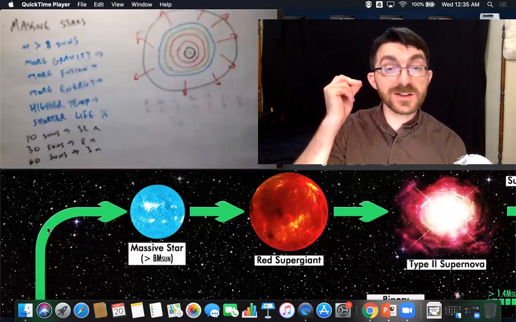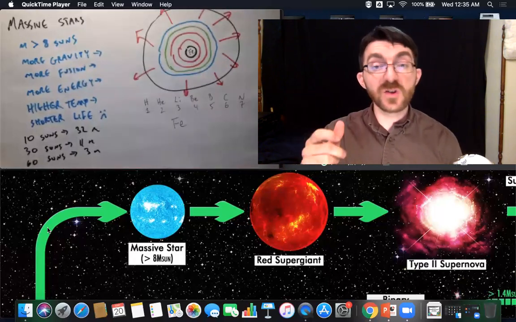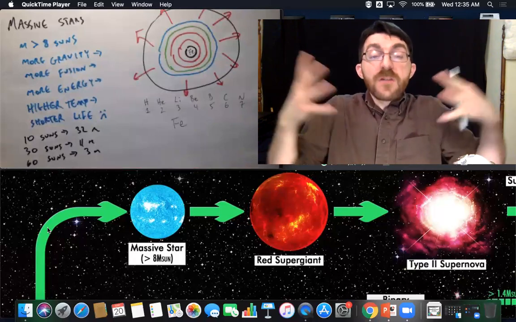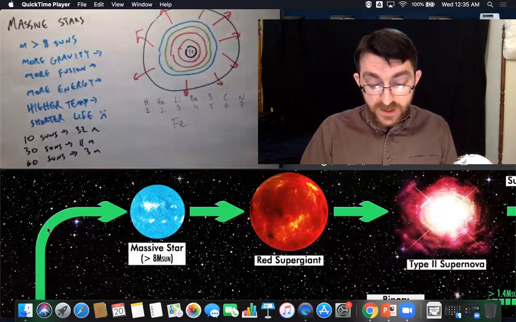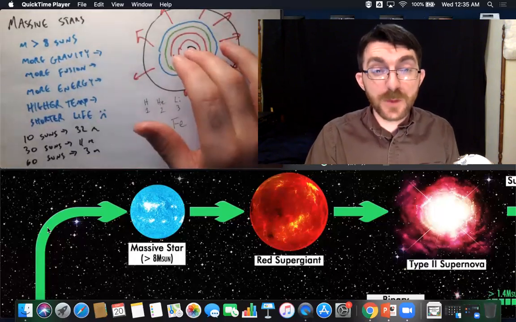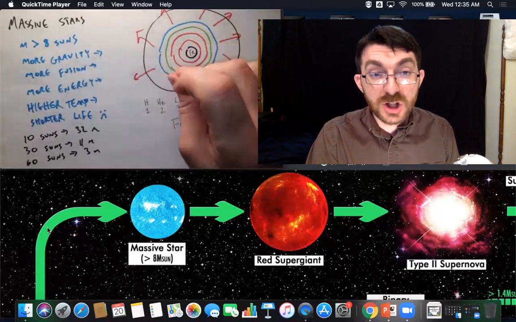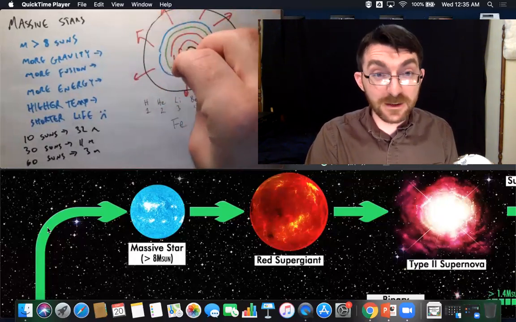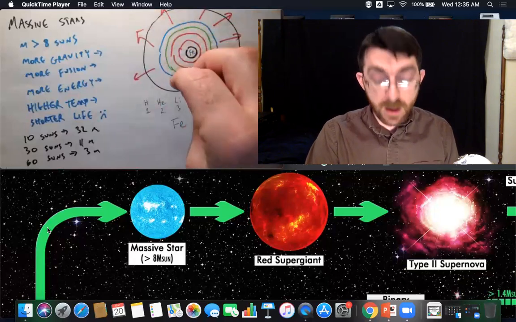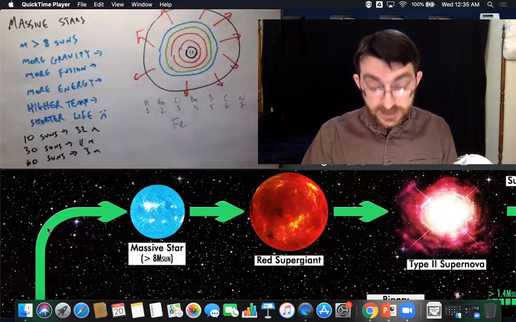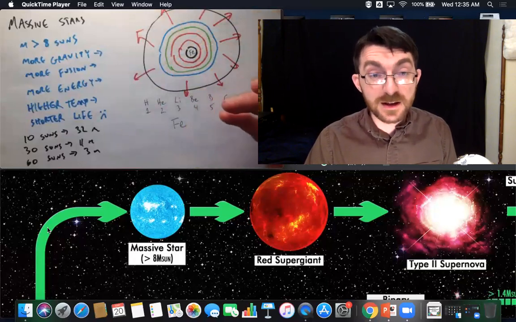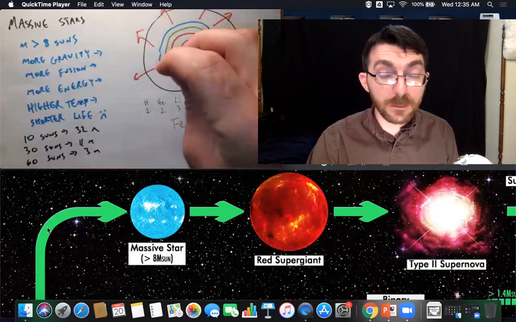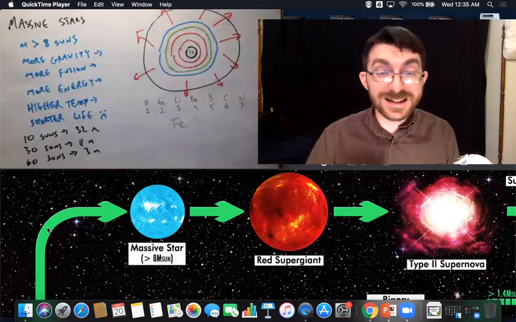The fusion shuts off, and then the star collapses, because the only thing keeping it out in the first place was all of the energy being released by fusion. But as soon as that fusion shuts off, this whole thing just collapses in a second. We're talking about several, even a dozen solar masses collapsing in a very small location almost instantly.